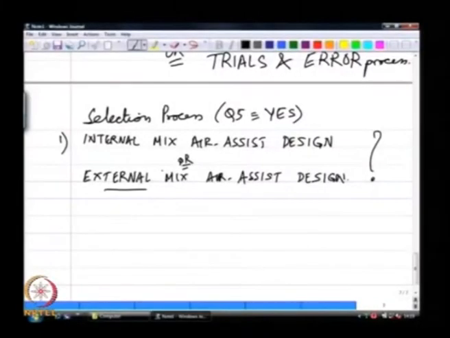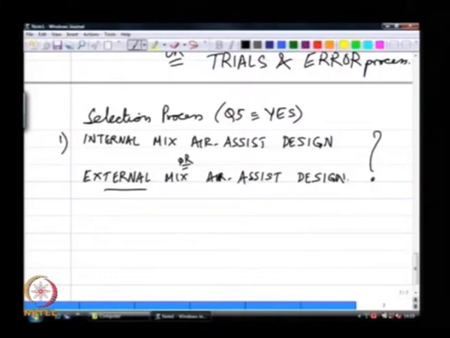The selection process for an air assist design starts with selecting the appropriate simplex core in the form of the flow number, in the form of a cone angle, etc., and then you can use similar calculations on the air side, based on the spray cone angle that you want, to choose the equivalent air assist design.